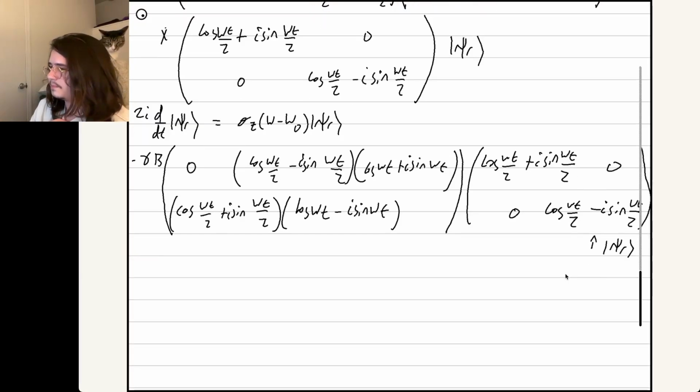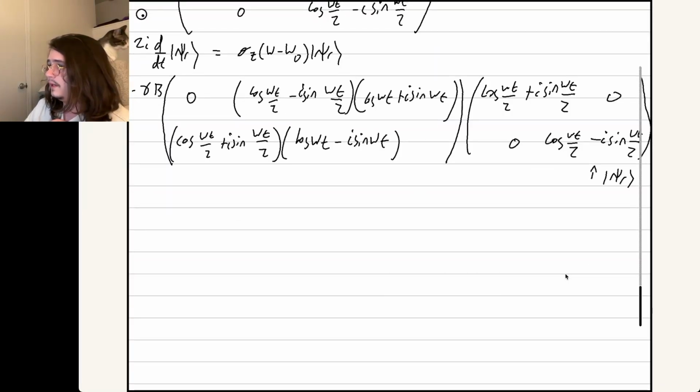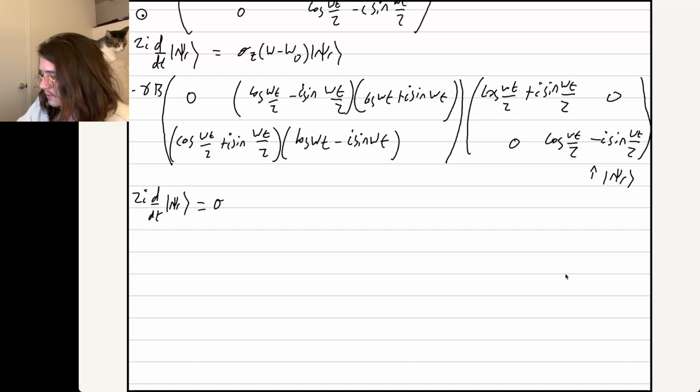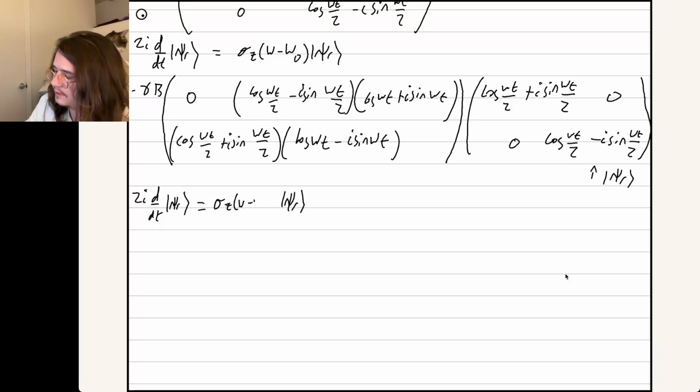Right. Finally, we can turn all of this into one stupid looking matrix, being 2I d/dt psi r is equal to sigma z times omega minus omega naught psi r. If my handwriting is bad and you don't like it and you're still here, thank you for your patience.